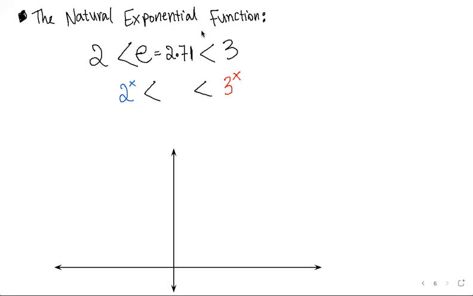I'm going to use this color for e to the x. No, it's not nice, right? So let me use the green one. So 2 to the x, I can graph it like this by using the blue color. So e to the x at 1 would be like this. So this is e to the x.